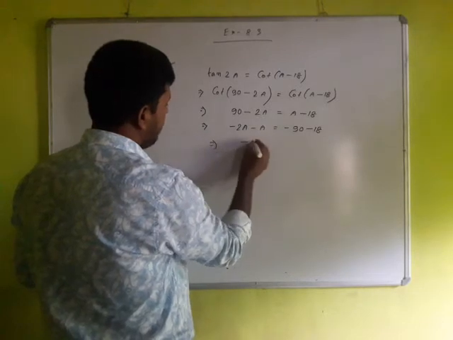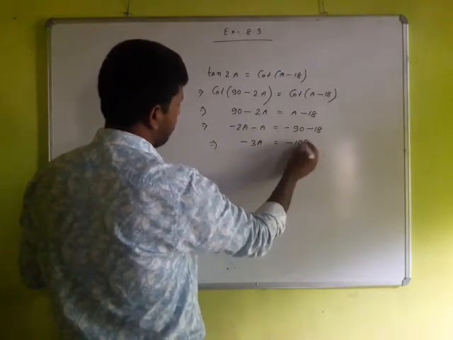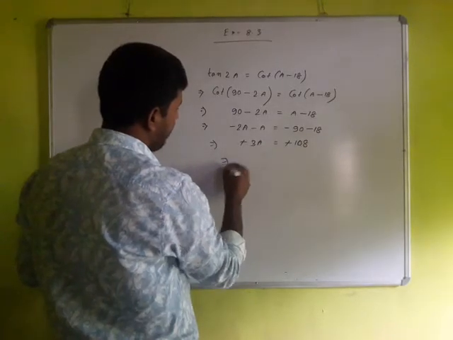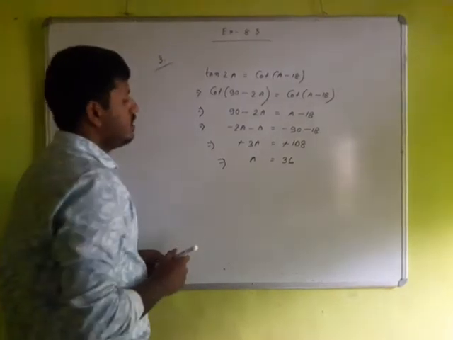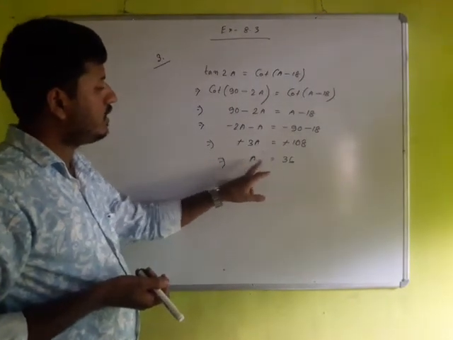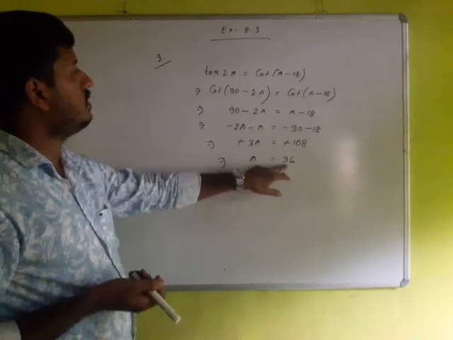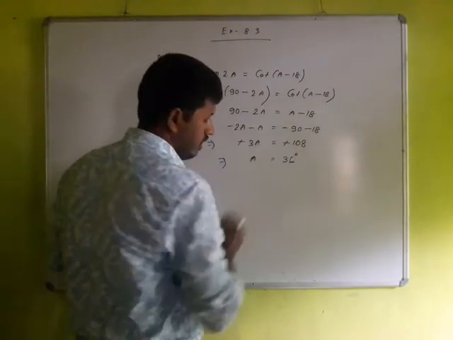It is minus 3a equal to minus 108. Minus minus cancel, so a equal to 36. In the question it was given that a is an acute angle, and we know acute angles are less than 90. So a equal to 36 is the acute angle. So here a equals 36 degrees.